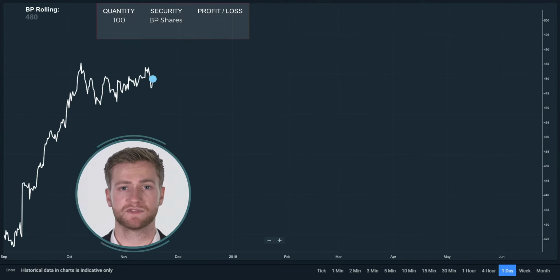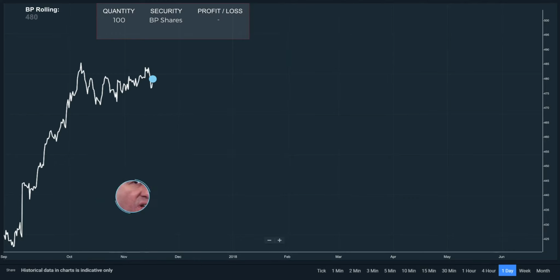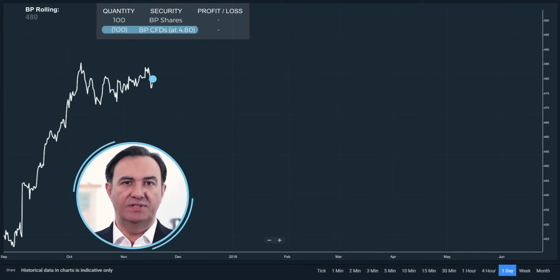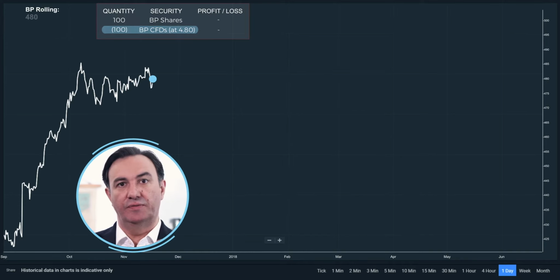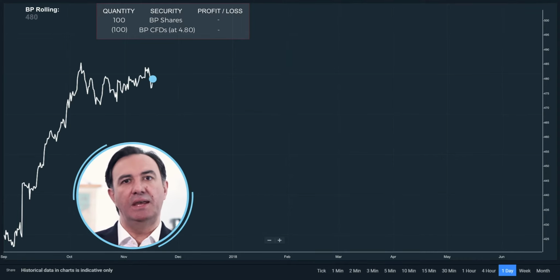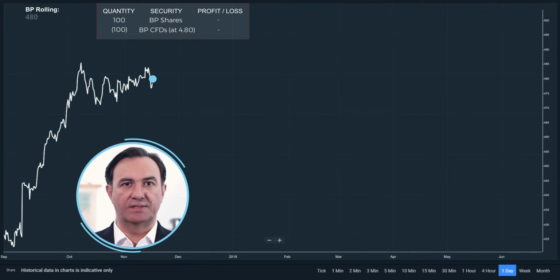So it's expensive to sell and repurchase shares? Relatively so, yes. Instead, they can sell 100 CFDs to cover the value of the shares. That means if the price falls below £4.80, they make the difference multiplied by the 100 contracts.